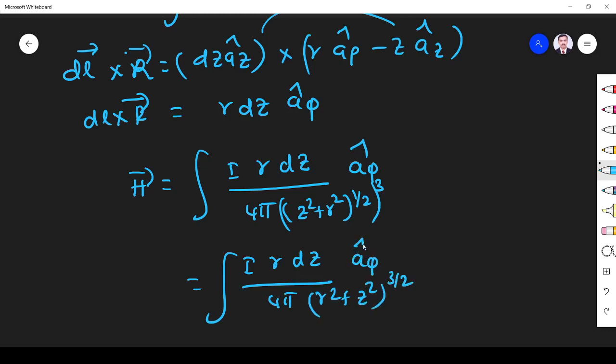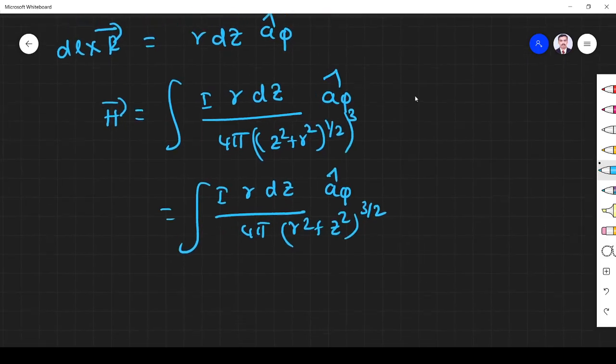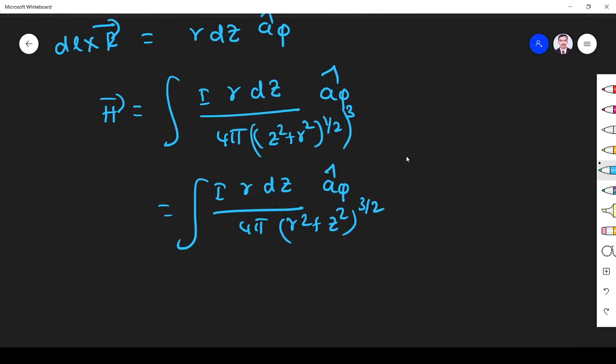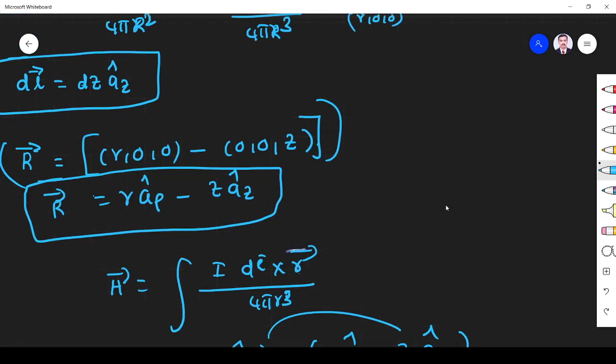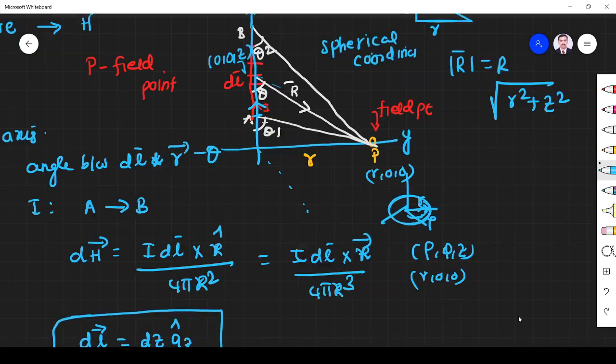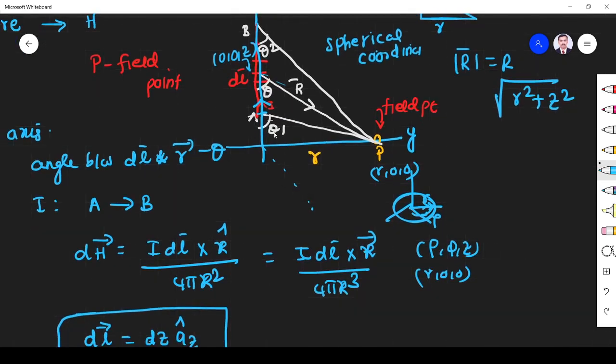Okay, then from the diagram we find cot theta. Why I find cot theta you will understand quickly. So cot theta, from the diagram you see, tan is opposite by adjacent, cot is adjacent by opposite. So what is my adjacent? My adjacent is z, this length. This is theta.